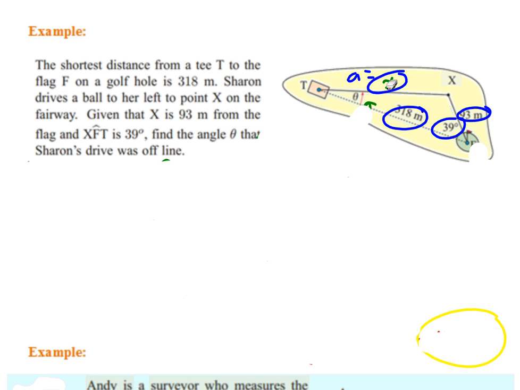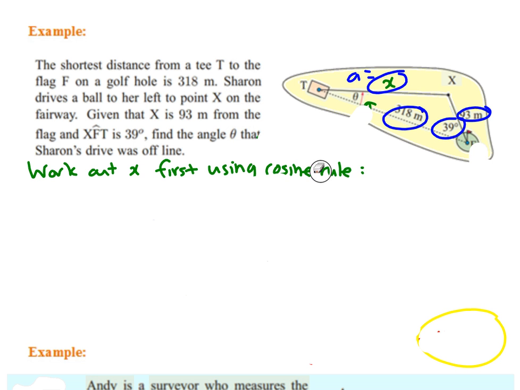This is a bit tricky because you have to decide to work out something first before you use something else. Because then if you know x, you've got side, opposite angle, side, opposite angle, and then you can use that to work out theta. So a bit tough. Work out x first using the cosine rule because it's three sides and an angle.